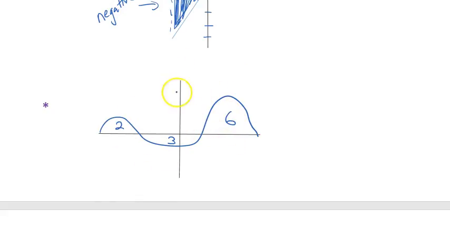Again, I'm just making this up. If we're adding those together, once we figure them out, the 2 and the 6 are considered positive, but the 3 would be considered negative. And so you would end up with a total area of 5 if that's what we were looking at. So again, just keep that negative area concept in mind.